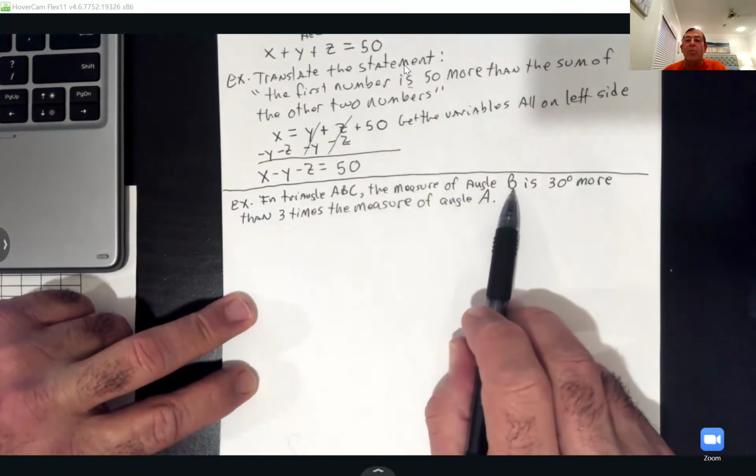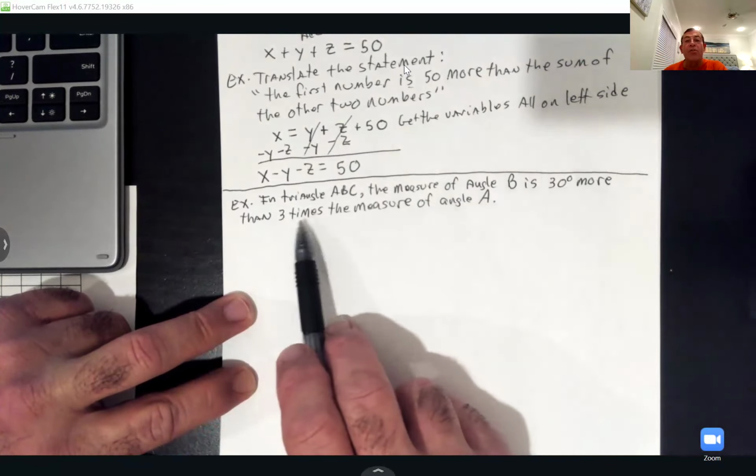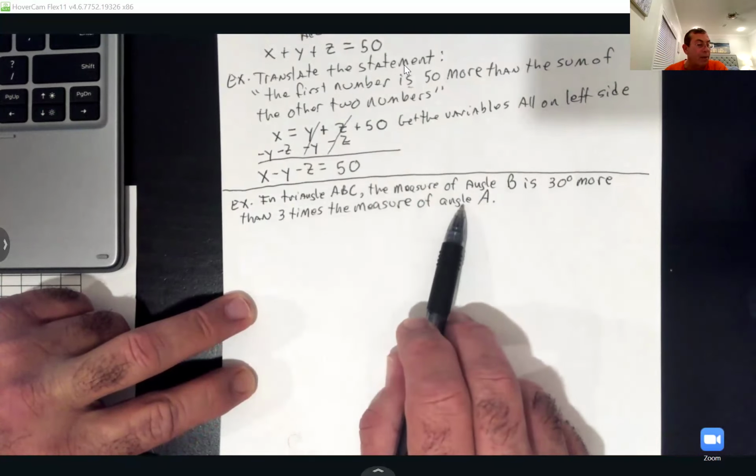They're telling me that this angle B is 30 more than 3 times angle A.